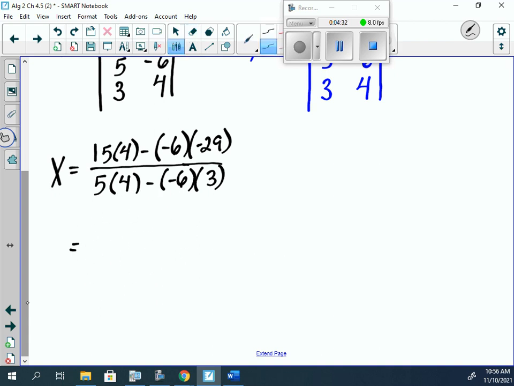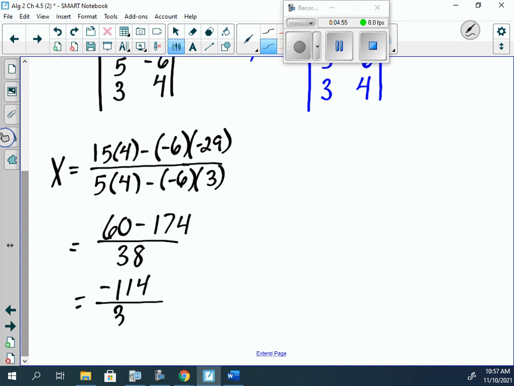I do agree with 38, because 15 times 4 would be 60 minus... 4 is what? 114. Yes, I would agree with that. -114 over 38. Well, actually, this is -3.